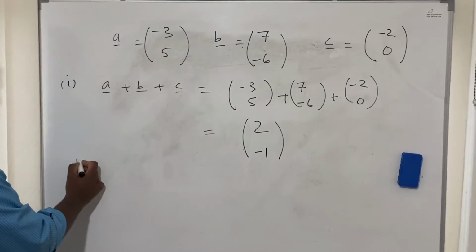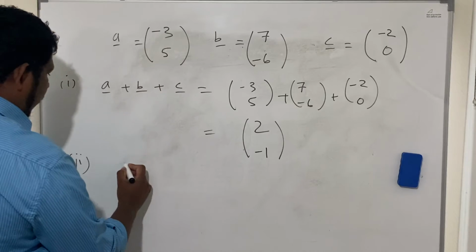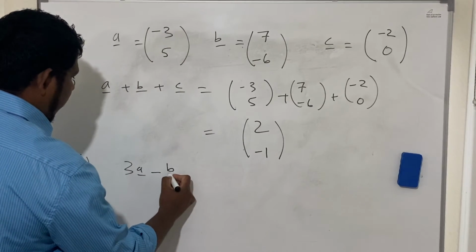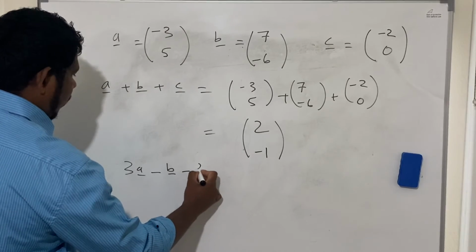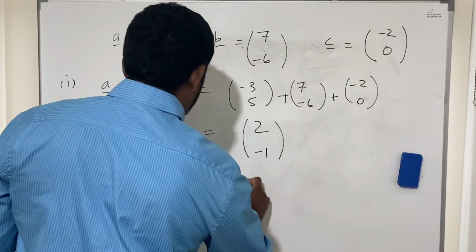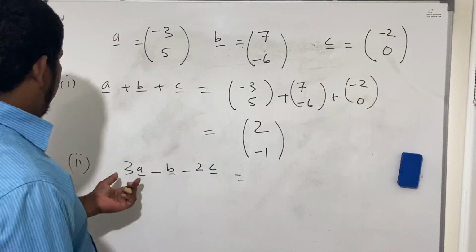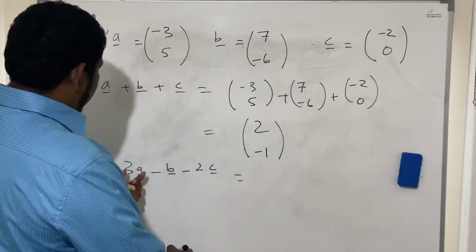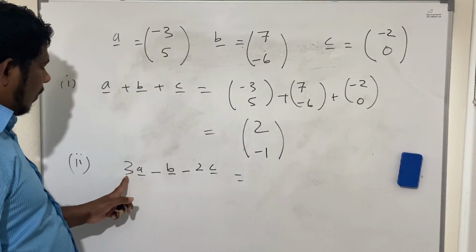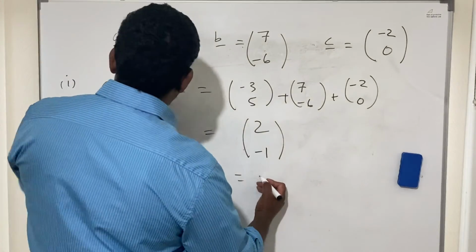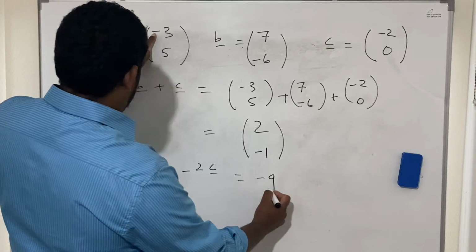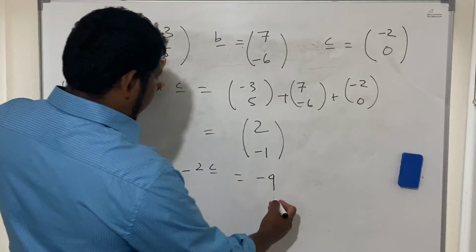The next question is find 3A minus B minus 2C. Okay, now we're going to write down what is 3A. So we're going to multiply this vector A by 3. It's a positive scalar, so positive into negative is -9, and 3 by 5 is 15.